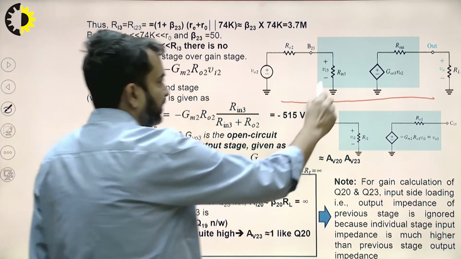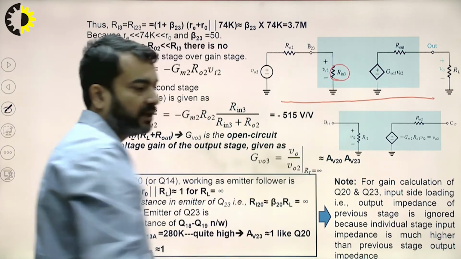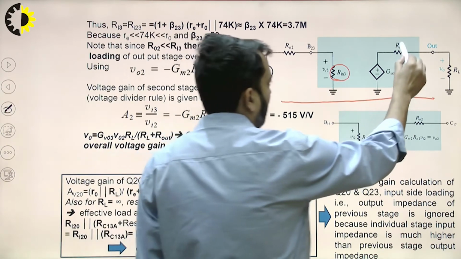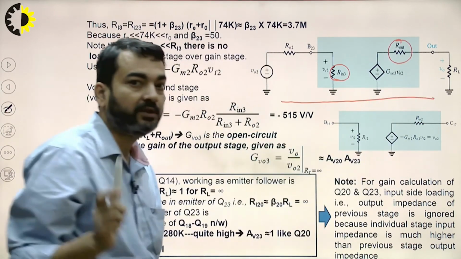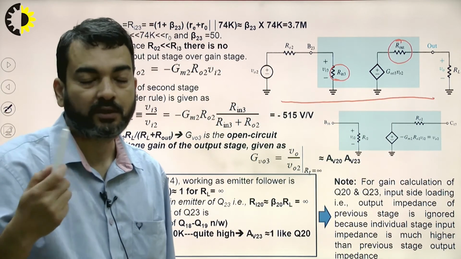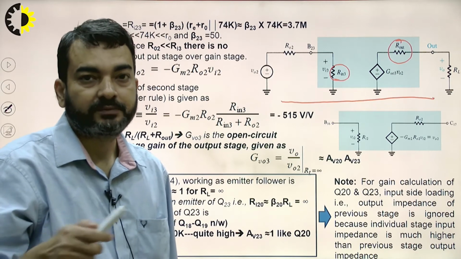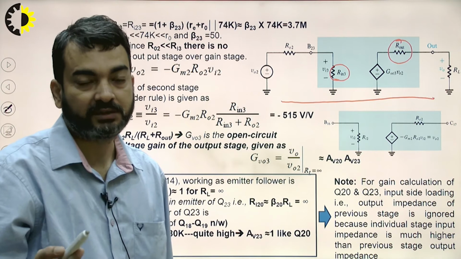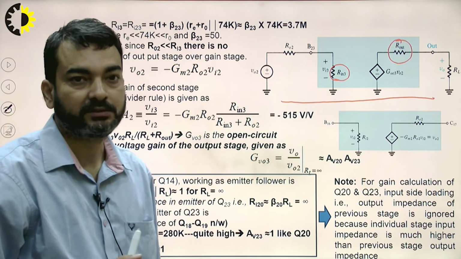So this Ri3 is the input impedance of the output stage. R naught is the output impedance of the output stage, or we will say this is the final output impedance of the 741 IC.